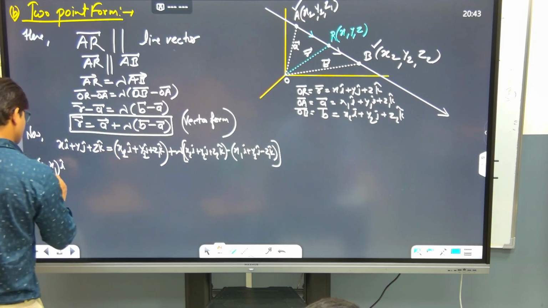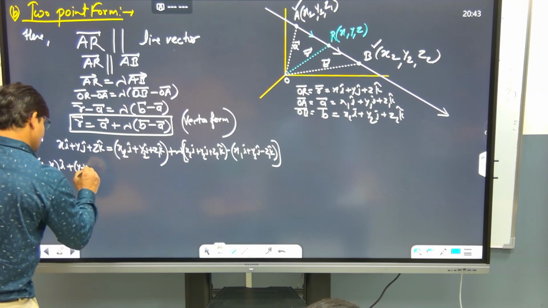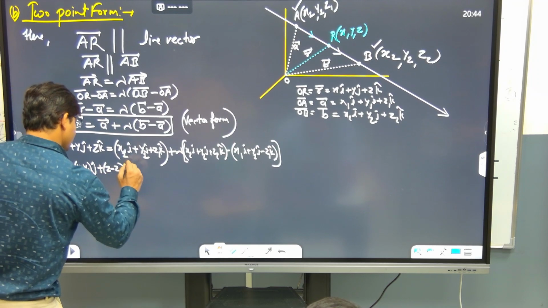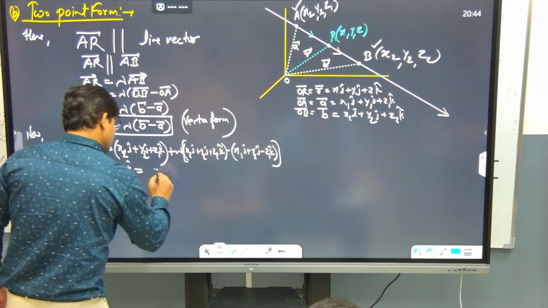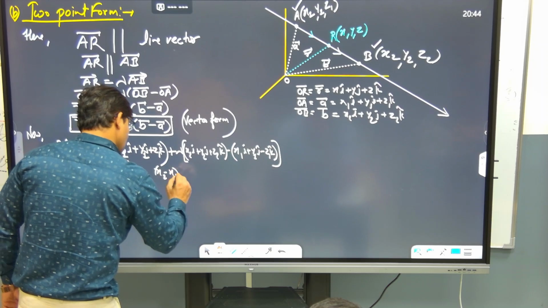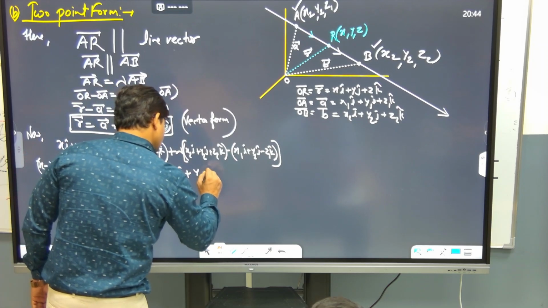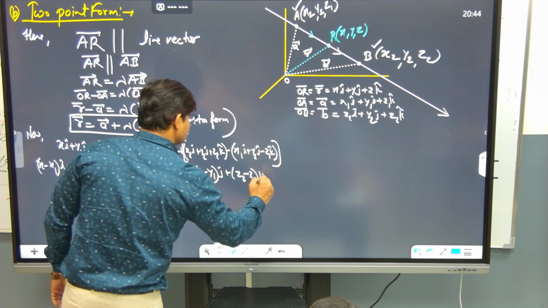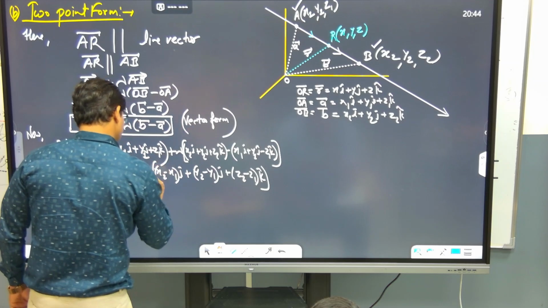Now take this vector to this side: plus y minus y1 plus z minus z1. In the RHS, x2 minus x1 i cap plus y2 minus y1 j cap plus z2 minus z1 k cap, and this value with the lambda.